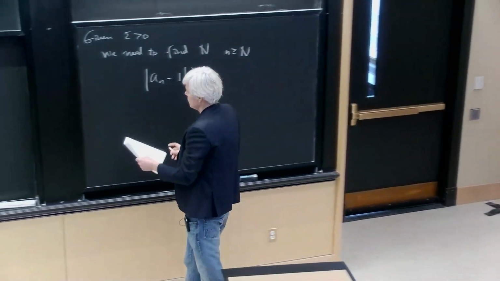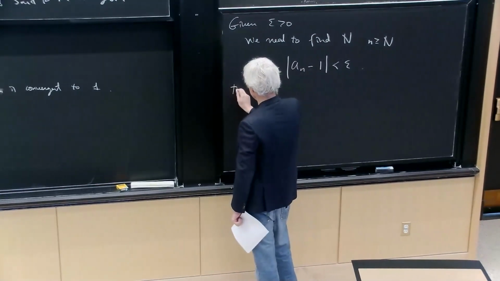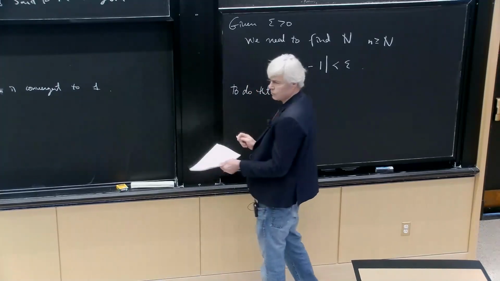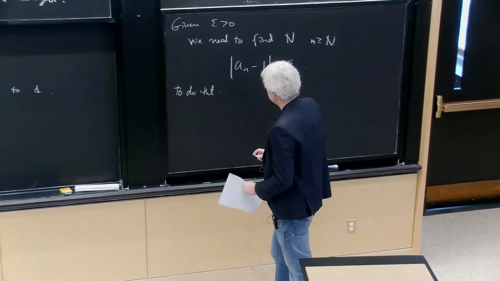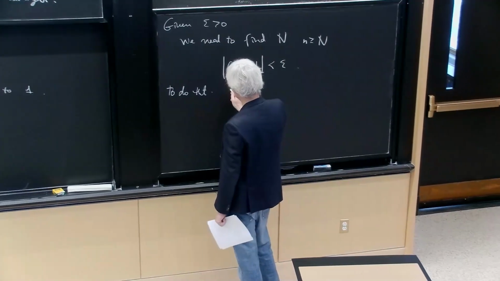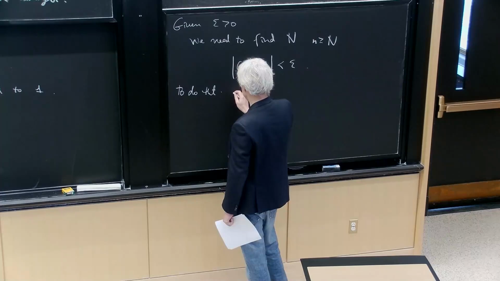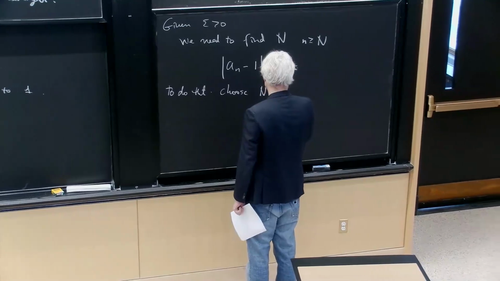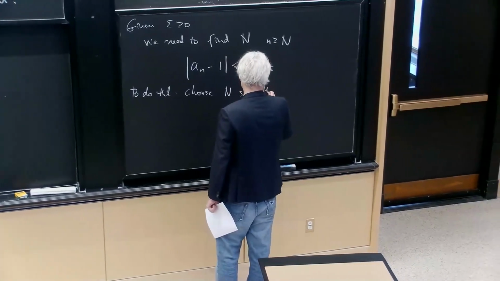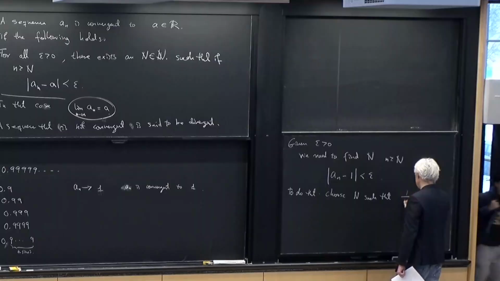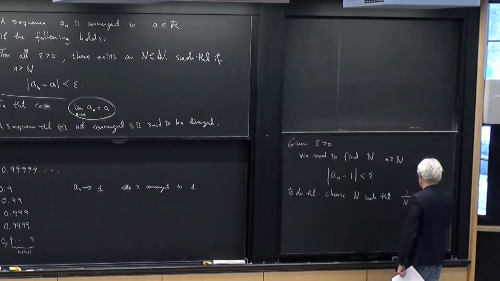To do that, we need to choose this capital N. So choose capital N such that 1 over N is less than epsilon.